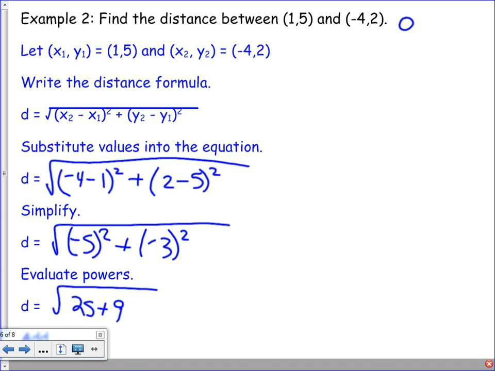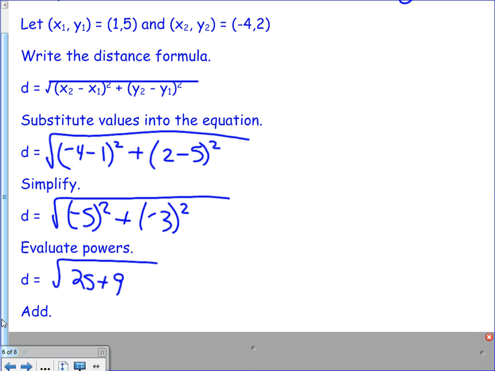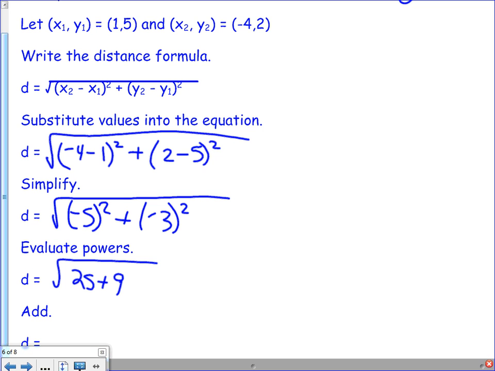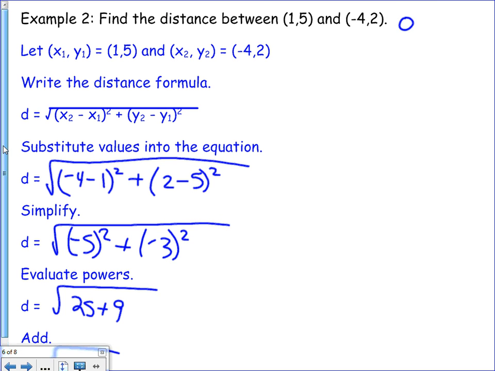And then we need to just finally add. Okay, and when we do that, and get this out of the way, then we have the square root of... okay, sorry, I did that a little bit funny. I've got to look back up one more time.